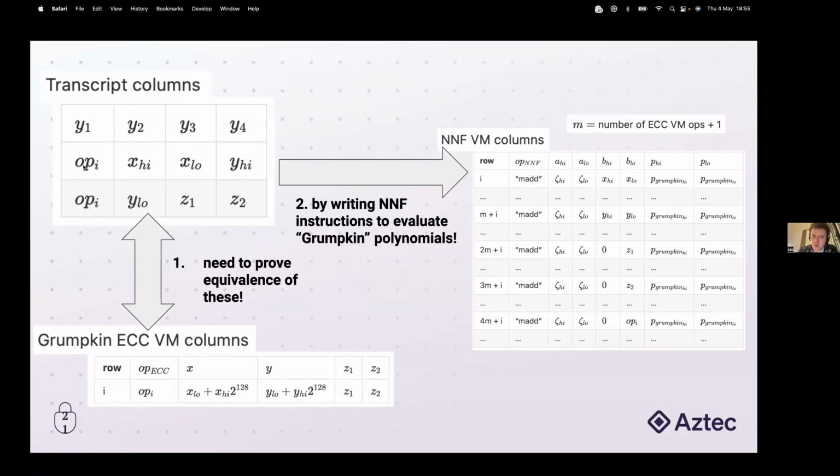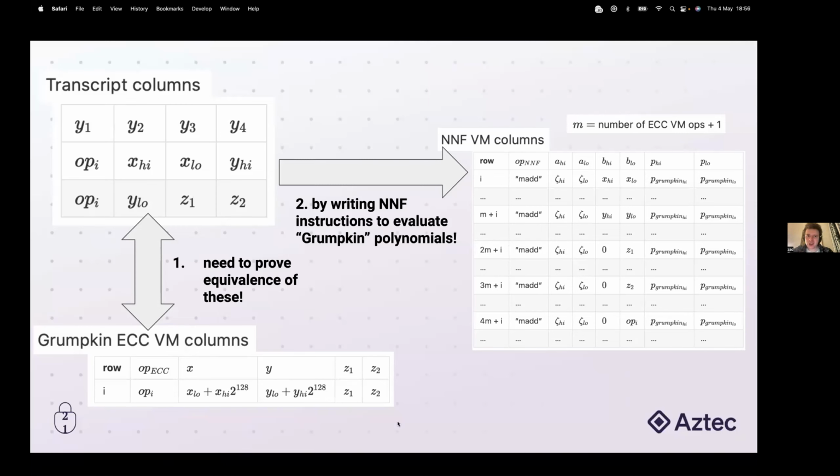So here, for example, if the main circuit is 4 columns, and the Grumpkin elliptic curve VM requires 6 columns, then you need to do some funky transformations, because as part of this curve transposition subprotocol, as part of the Grumpkin zkVM proof, these transcript polynomials are going to be opened at a random point.